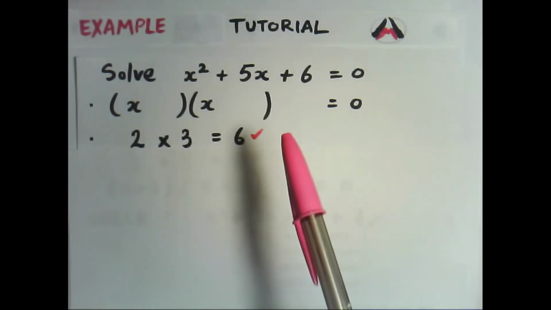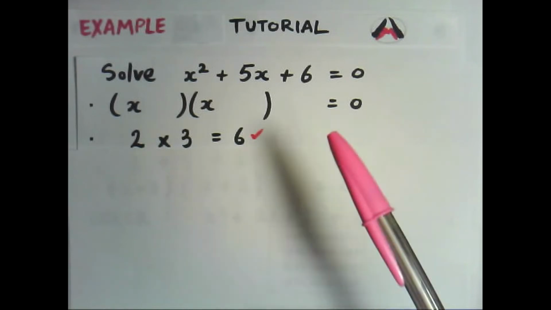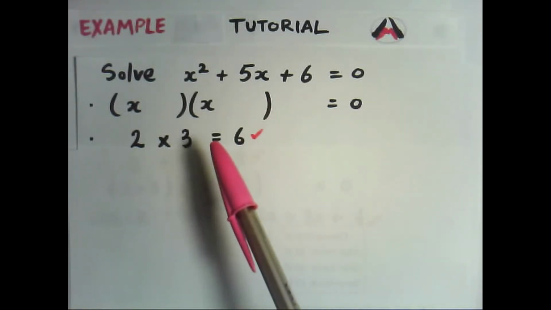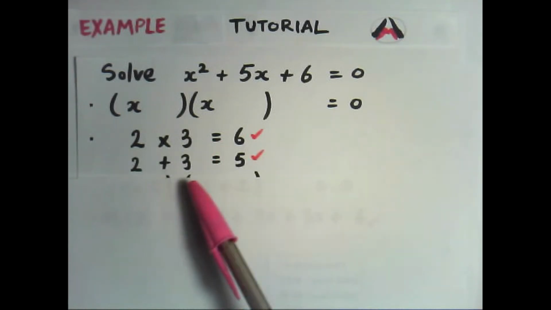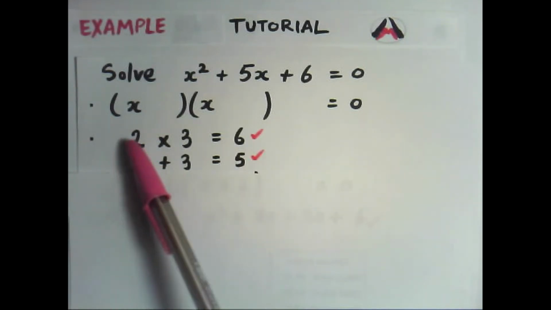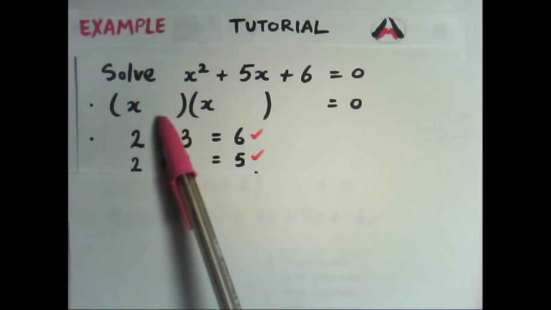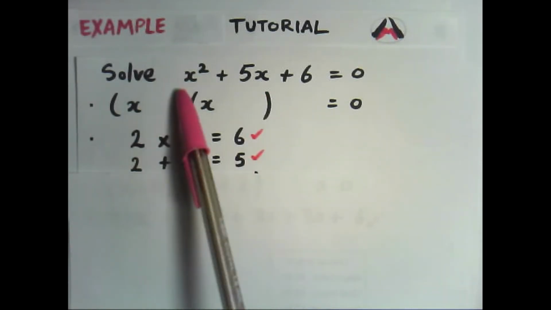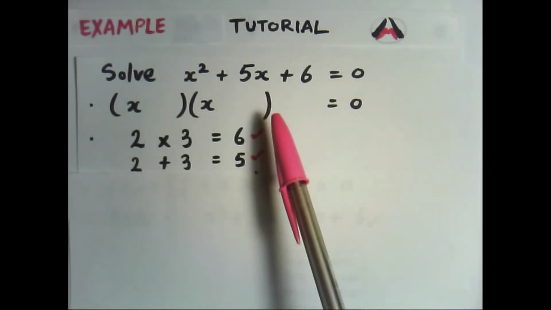But we also want to think about two numbers that when we add them together will give us a 5. We definitely know that if we have 2 plus 3, we get 5. So we're probably on the right track there for these two numbers. Maybe a 2 there and maybe a 3 there, although you could switch them around and have the 3 there and the 2 there.